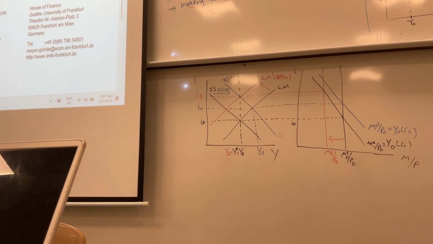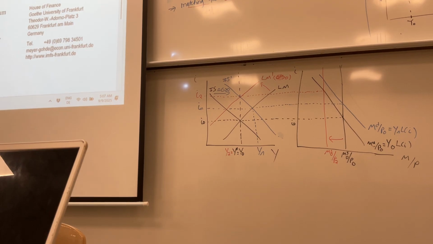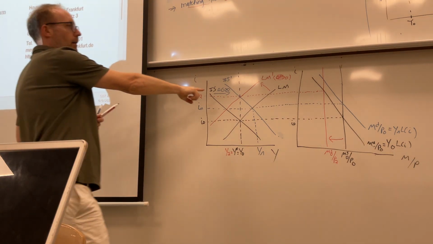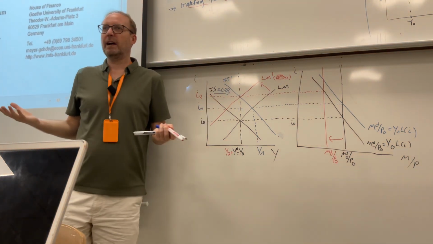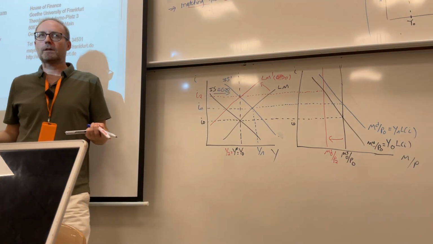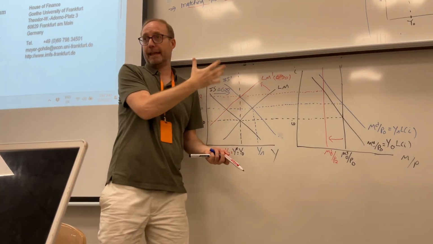Right, so this is right. He chose a particular Phillips curve to explain why prices adjust. Here, I didn't explain why prices adjusted. Yeah? So the ISLM by itself can't tell us that.